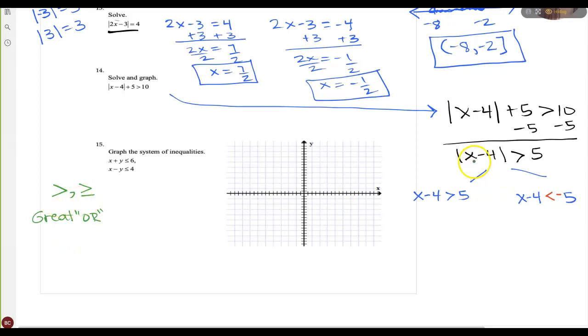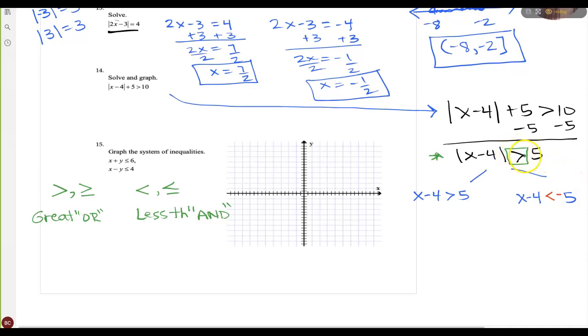When I get to this point and have that absolute value part by itself, I'm looking at this symbol to tell me whether it's an and or an or statement. If instead it was a less than or equal to, then you can think of it as less than. Again, this is just a play on words to help you remember whether it's an and or an or statement, because that's usually where people make mistakes on this.